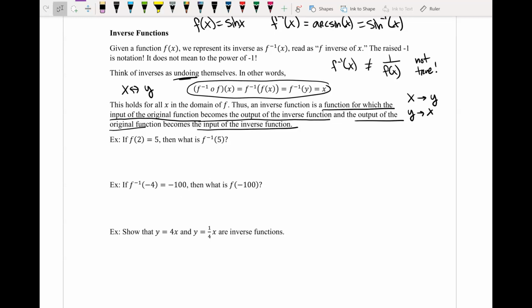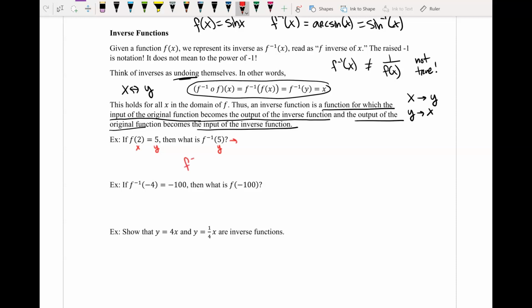Let's give an example. If I know f of 2 is 5, then what is f inverse of 5? Well, here your x is going to be your y. x is our input, our output was the y. Now y is going to go in here, so our output will be our x.